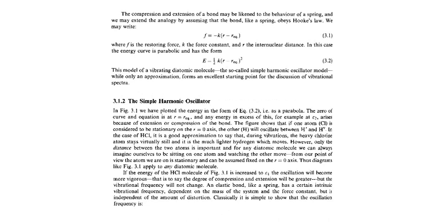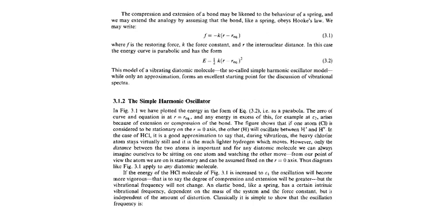Now, if you compare the compression and extension of the bond to the behavior of a spring, you can apply Hooke's law and give an expression for the restoring force F as minus K times (R minus R equilibrium), where the term in the brackets indicates the displacement from the equilibrium position.